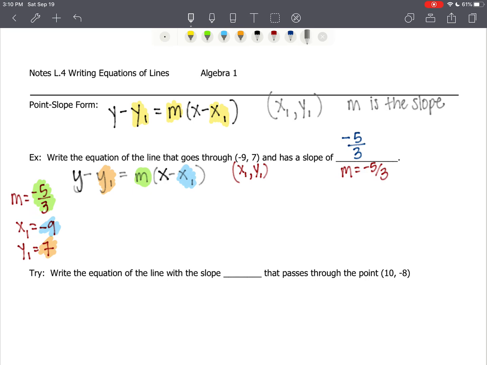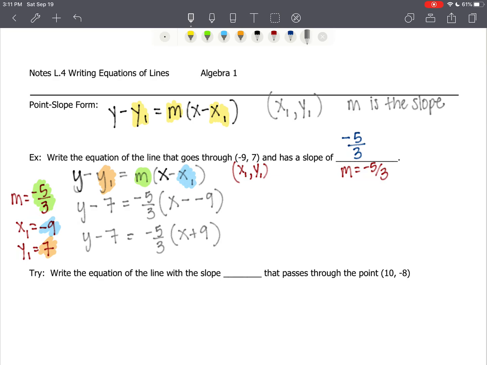So we'll have y minus 7 is equal to -5/3 times the quantity x minus -9. X minus -9 becomes x plus 9. So we have y minus 7 equals -5/3 times x plus 9. I'm going to skip that step on future problems, so I'm not going to write down minus and negative. I'll just change it to a positive immediately.